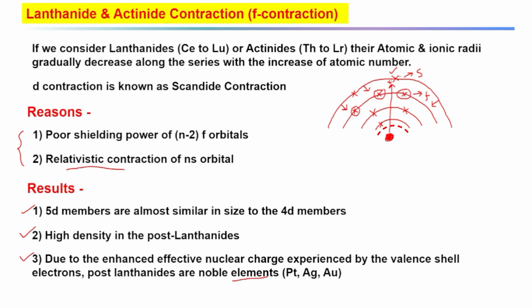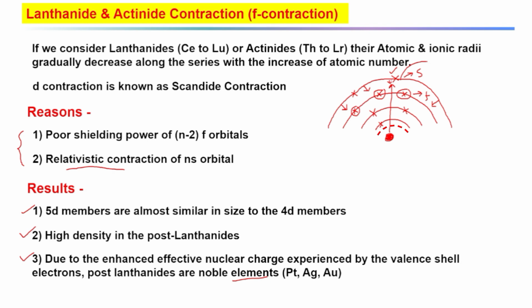So now these electrons have higher affinity to the nucleus, and that's why these electrons will not get lost. You cannot easily remove these electrons. So that's why it is difficult to remove these valence electrons in the case of noble elements, and that's why they are not reactive.